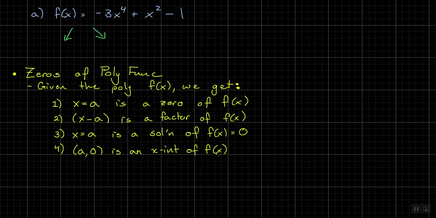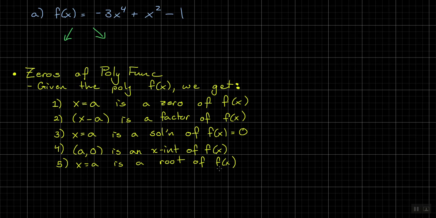I probably should. There's 5 statements. X equals a is a root of f of x. These are all contextual depending on the situation that you're looking at. A 0 and a solution, the solution that you get from setting it equal to 0, the language, I hope, makes a clear connection there.